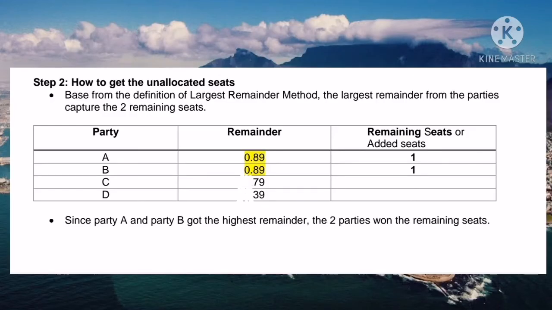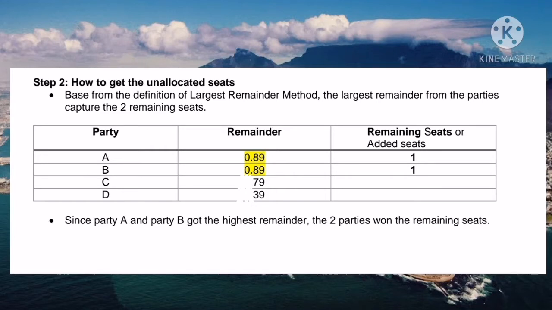Let us now solve the unallocated seats. Based on the definition of the largest remainder method, the parties with the largest remainders capture the 2 remaining seats. Party A and Party B got 0.89 remainder, while Party C got 0.79 remainder and Party D got 0.39.